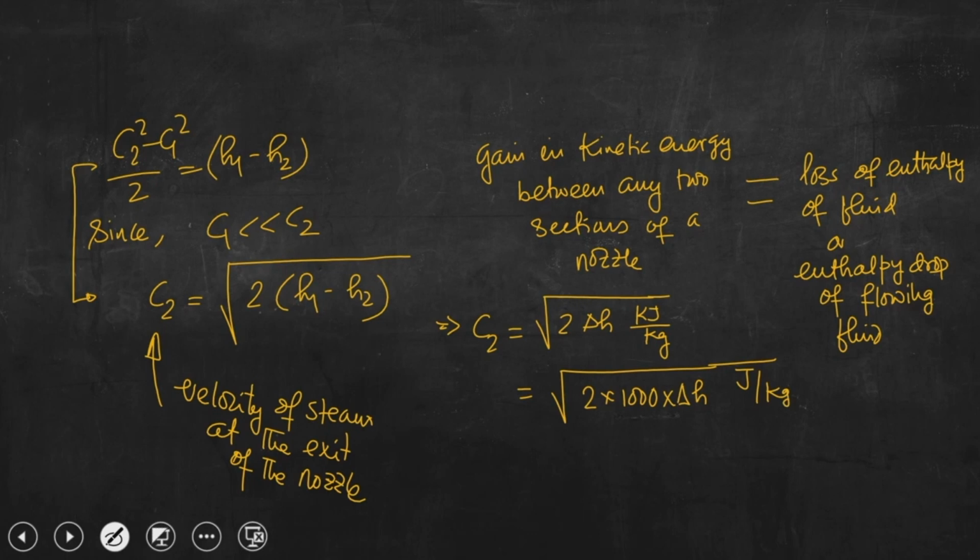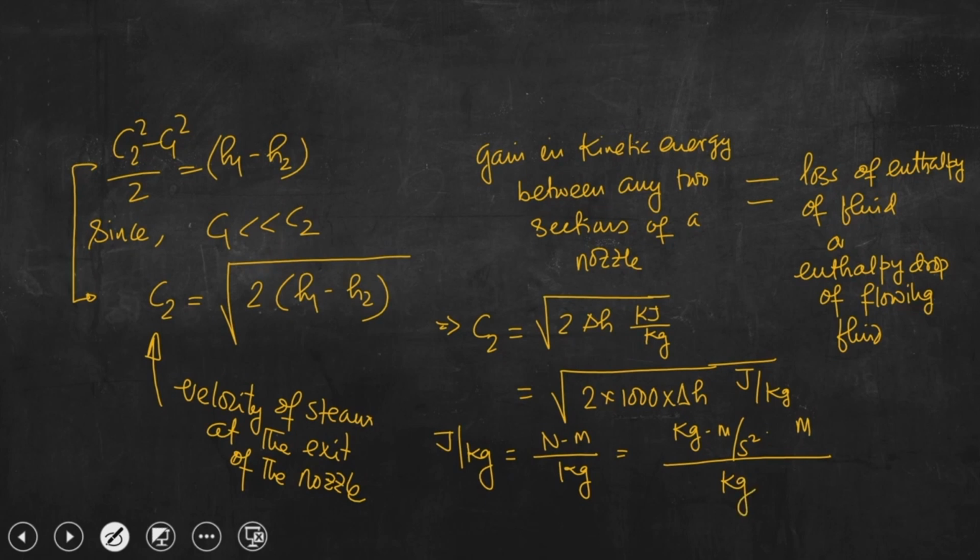So, what is joule per kg? If we go one step further, this joule per kg is Newton meter per kg, right. So, we can write kg meter per second square times meter divided by kg. So, that is meter square per second square.